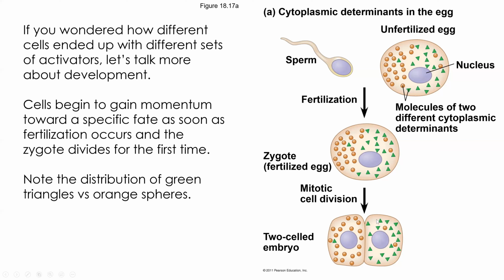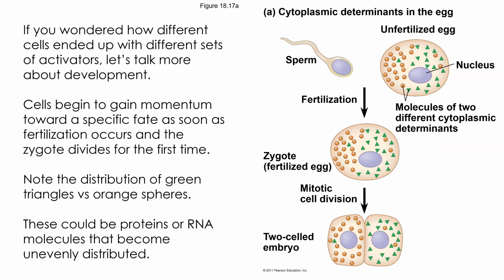The second cell on the right has the green triangles with just a couple of spheres. Imagine these are different pools of activators, and you can see how we're setting up a path to become different cells, different cell types.